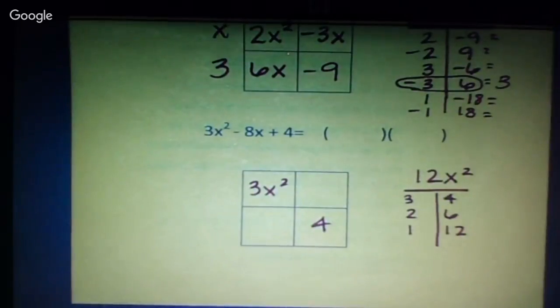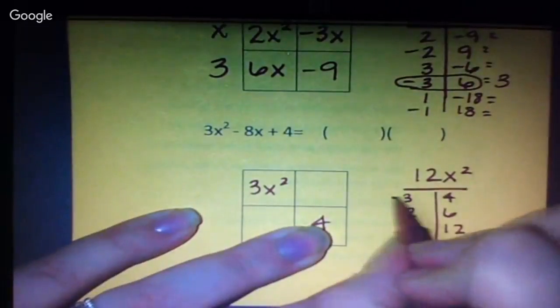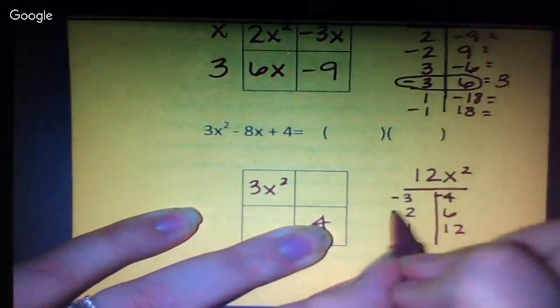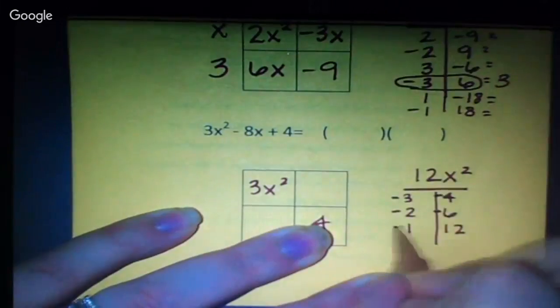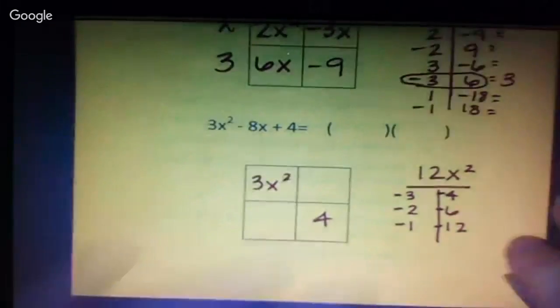Negative times negative. So when the middle term is negative, they're both going to be negatives. So your actual factors are -3 and -4, -2 and -6, -1 and -12.